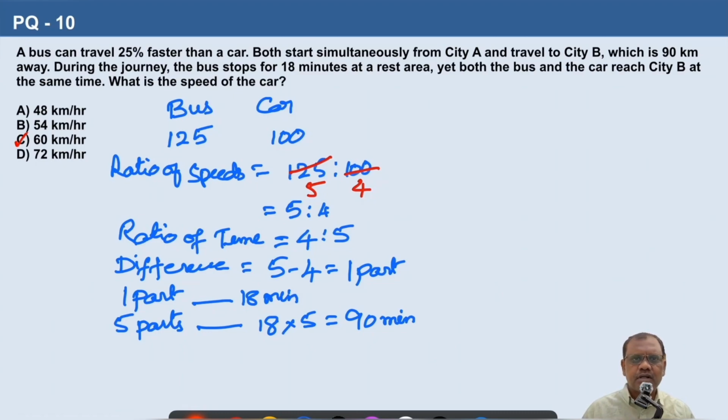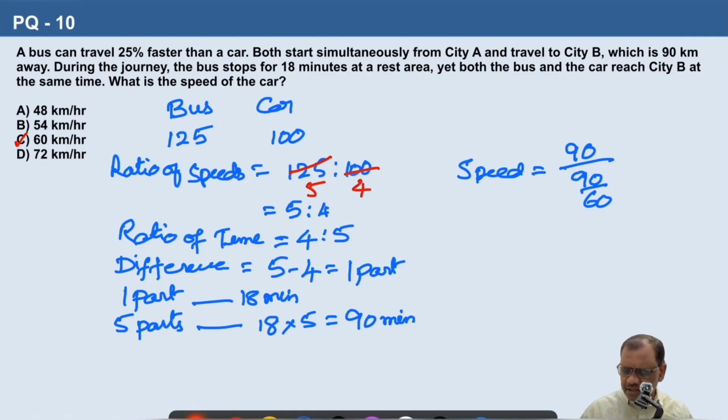So we have to find out the speed of the car. Speed of the car is distance between A and B. What is the distance between A and B? According to the question, it is 90 kilometers. So speed is equal to distance by time, 90 kilometers, and the time is 90 minutes. You have to convert 90 minutes into hours, divide this by 60.